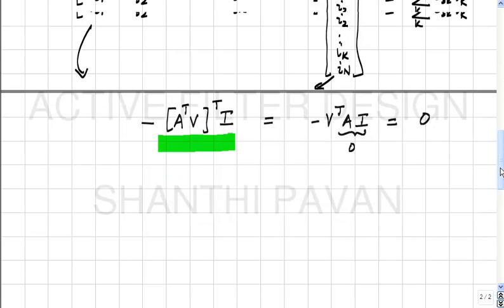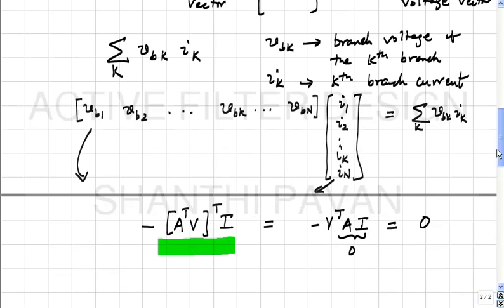So one might think, hey, what's the big deal? I would have told you this even without doing all this complicated looking math. Due to energy conservation, the power pushed out by each branch must all add up to 0.